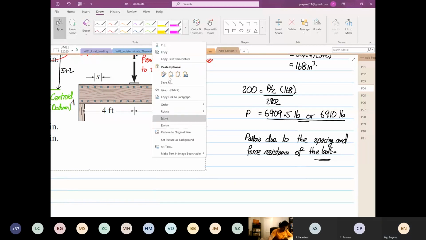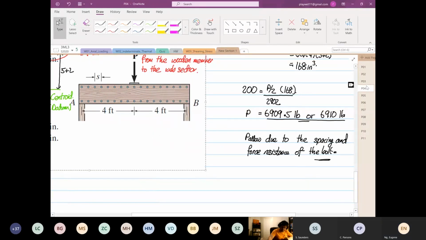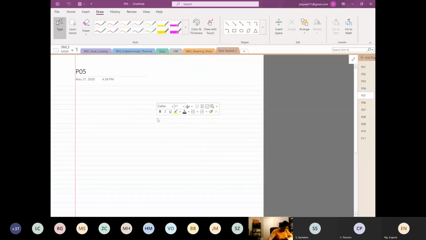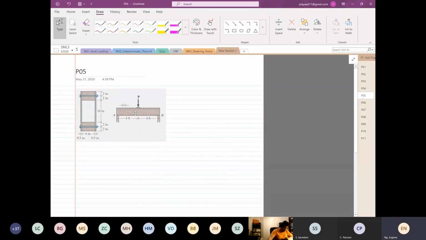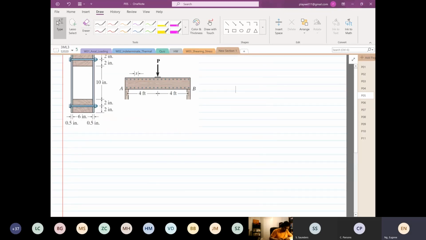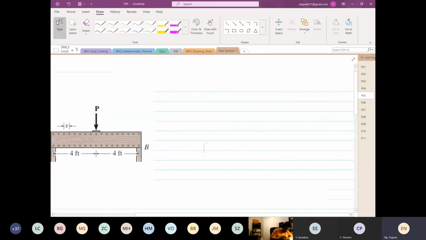So the next thing we're going to look at is mode 2. So mode number 2 is failure of the wooden structure.